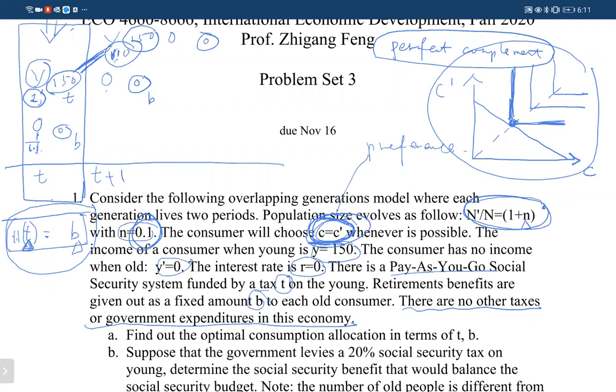The households are going to choose a combination of C and C prime such that this preference is tangent to the budget constraint, right? The households are trying to maximize preference, so they should move their preference away from the origin as far as they can, but they must be subject to their budget constraint.